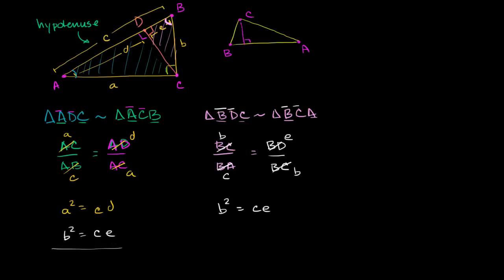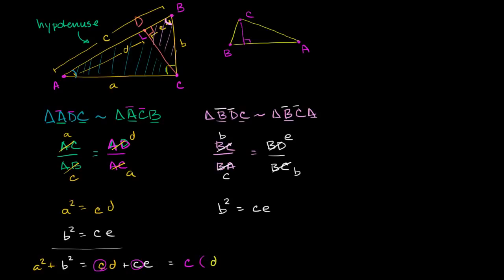So if we add the left-hand sides, we get a squared plus b squared is equal to cd plus ce. And then we have a c in both of these terms, so we could factor it out. It's going to be equal to c times d plus e.